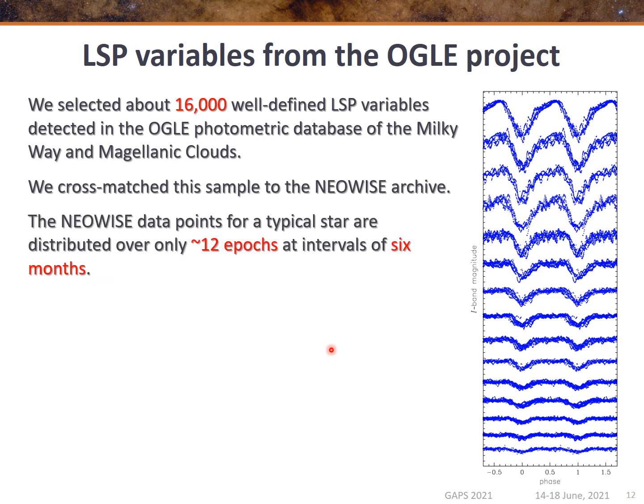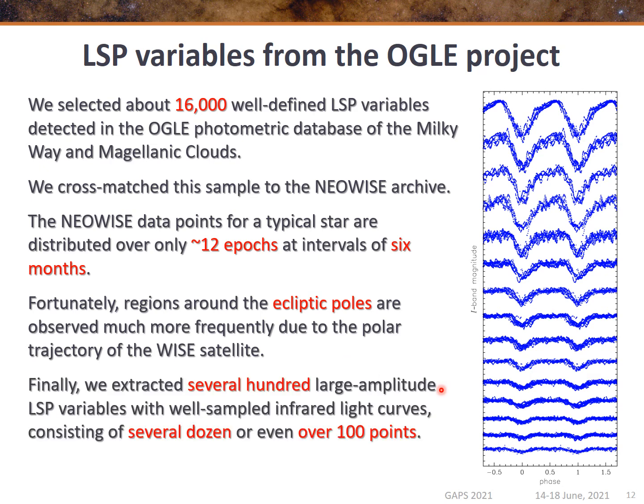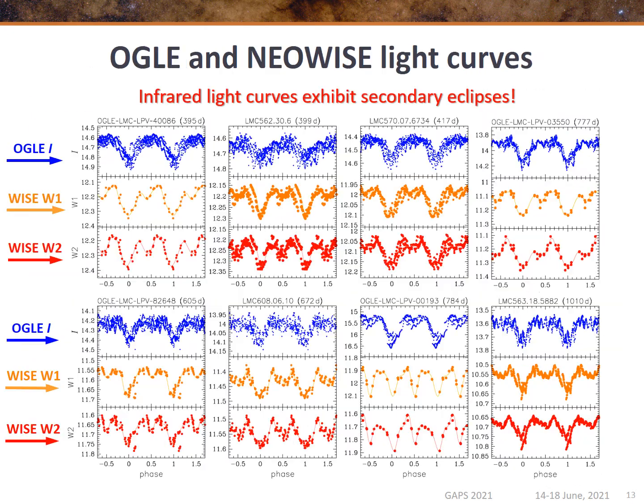The typical NEOWISE light curves contained only 12 epochs, but fortunately, regions around the ecliptic poles are observed much more frequently due to the polar trajectory of the WISE satellite, so finally we extracted several hundred large amplitude LSP variables with well-sampled infrared light curves.